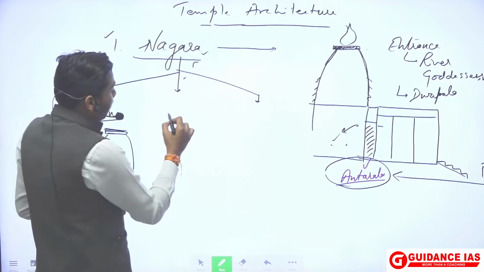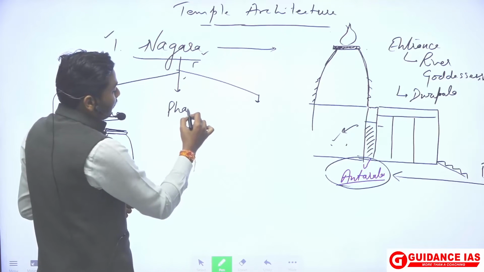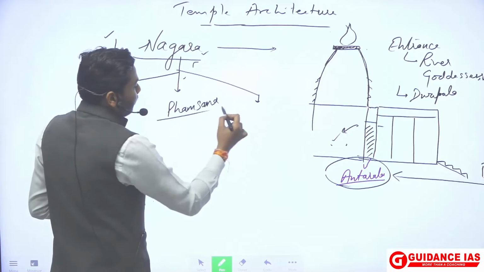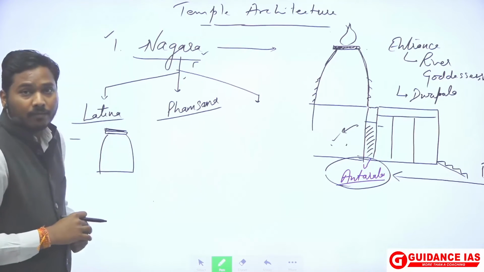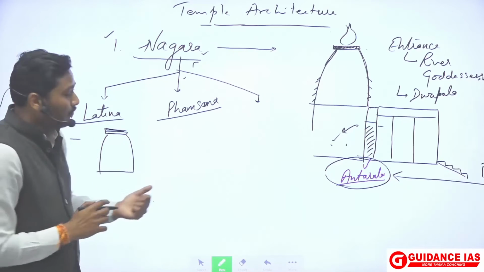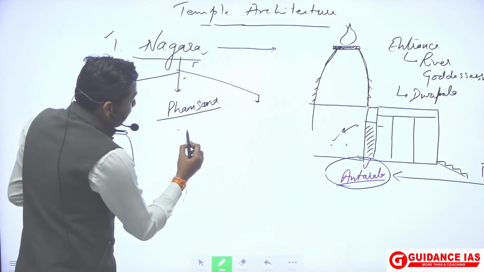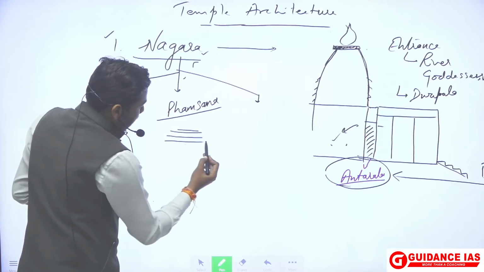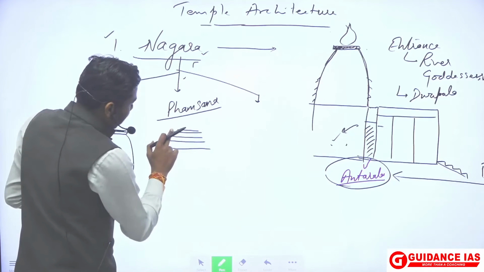Second is Famsana. Clear? The Famsana style will not be curvilinear. There will be various slabs, a slab-like structure.